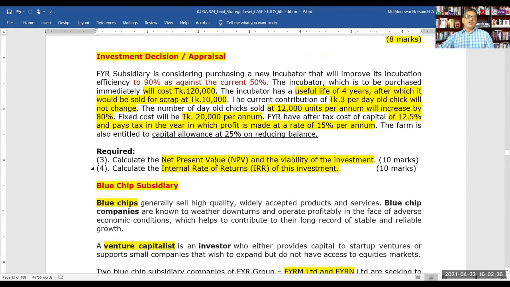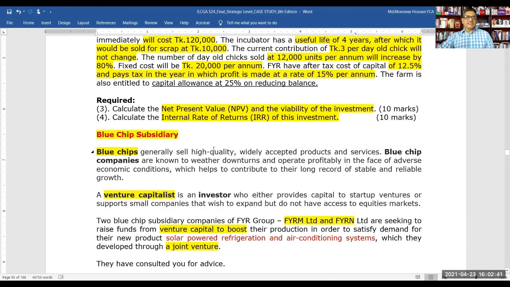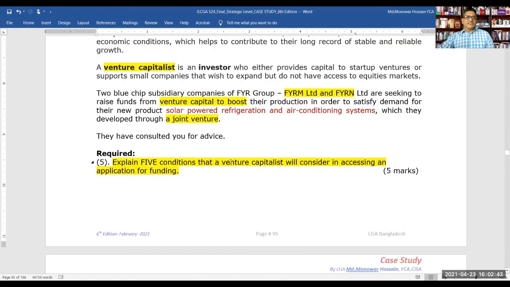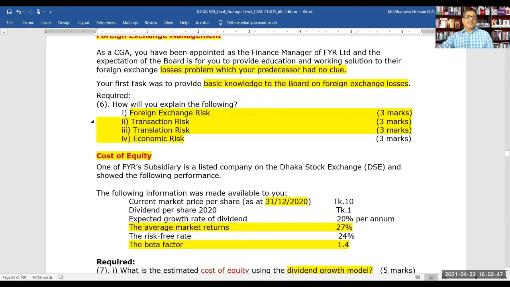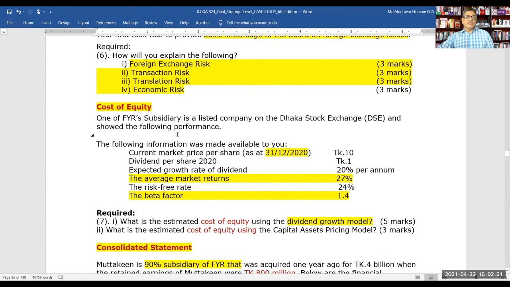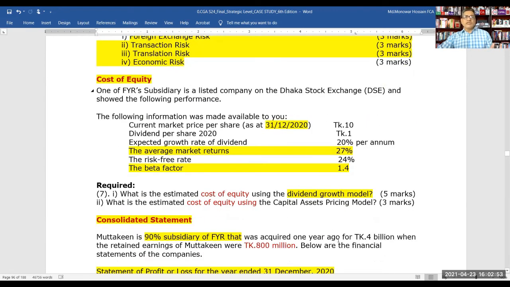Here we also take the capital budgeting issue, NPV, IRR. Also we understand the blue chip subsidiary, venture capital. Also here the foreign exchange management, the different risks within foreign exchange. Also we calculate the cost of equity with different models. One is the dividend growth model, another is the capital asset pricing model.